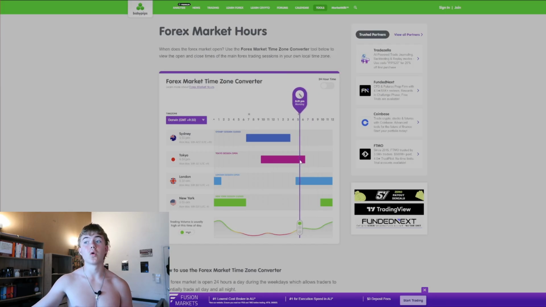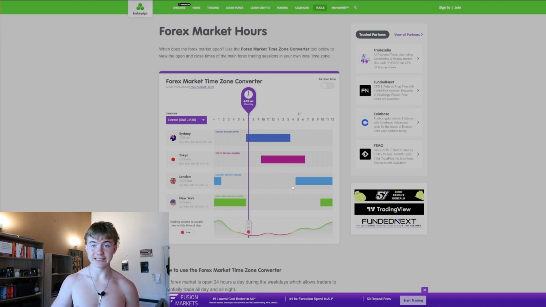I want that prime volume of liquidity, and that's that 2-hour window. Down the bottom there's some traffic lights, and you can see it drops off a little bit. It's still good, but after 2 hours, I'm trying to sit down and look at the charts for 2 hours straight, because I'm trading lower time frames.